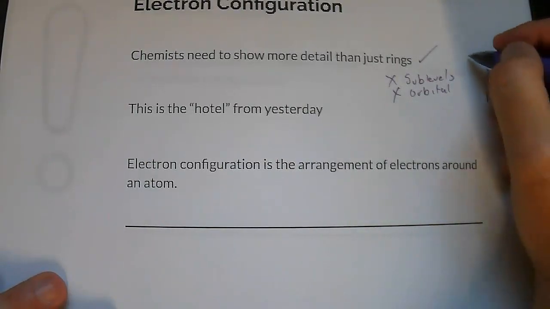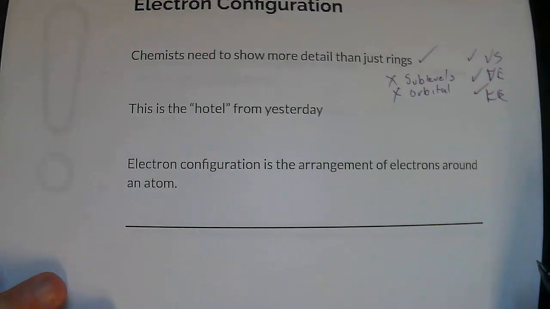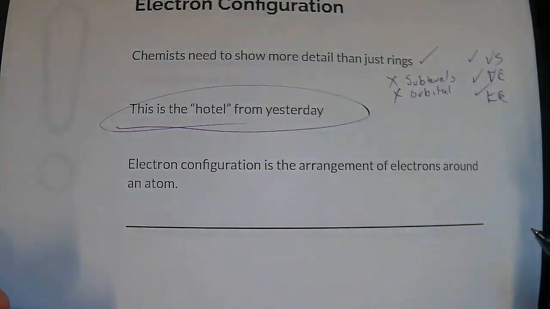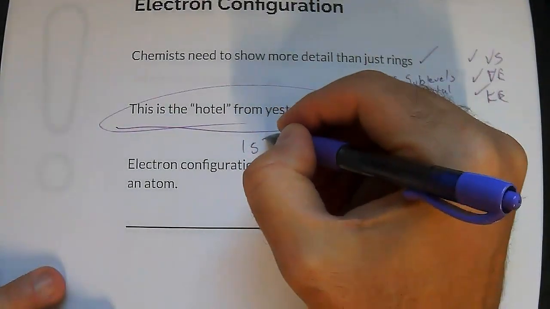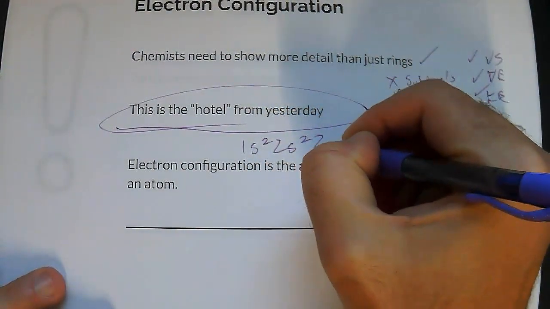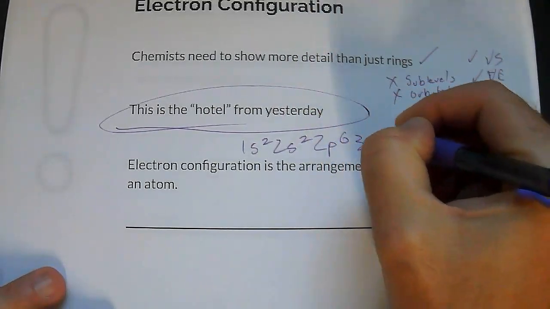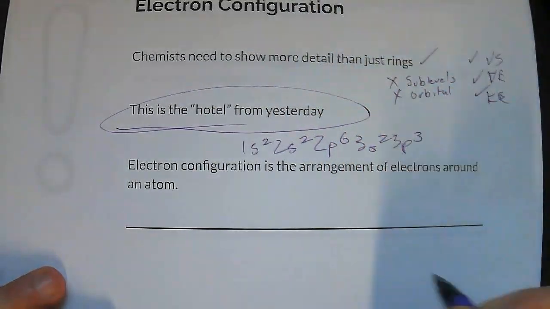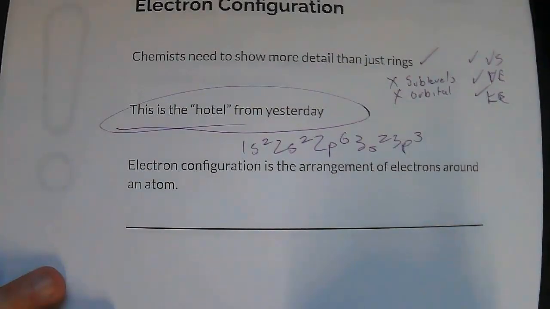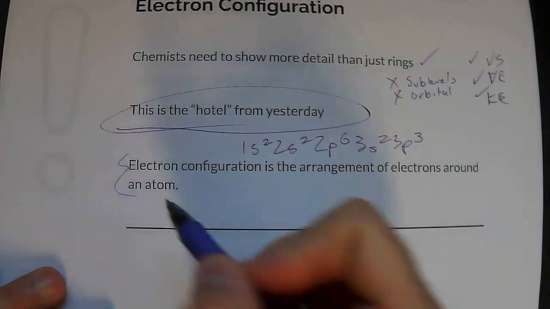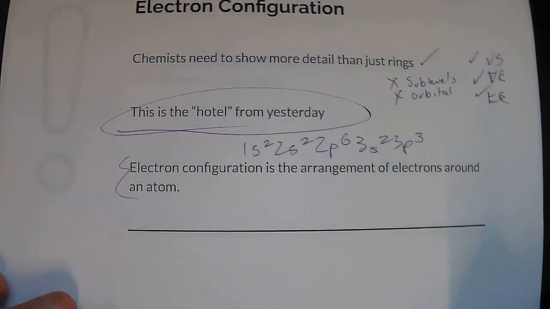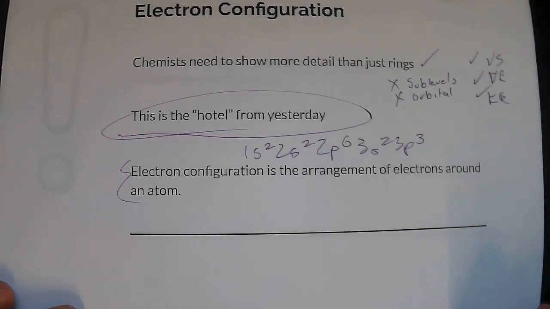We can get those things from that, but we need more detail than just the rings. And that's why we did the hotel. We can get 1s2, 2s2, 2p6, 3s2, 3p3, and that arrangement is then going to give us some idea of the chemistry of the atom.